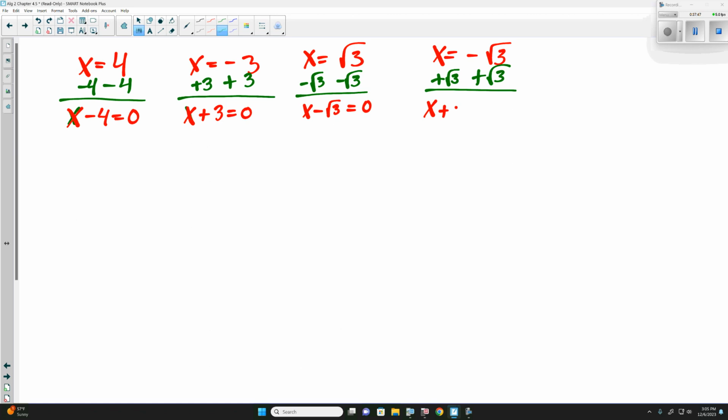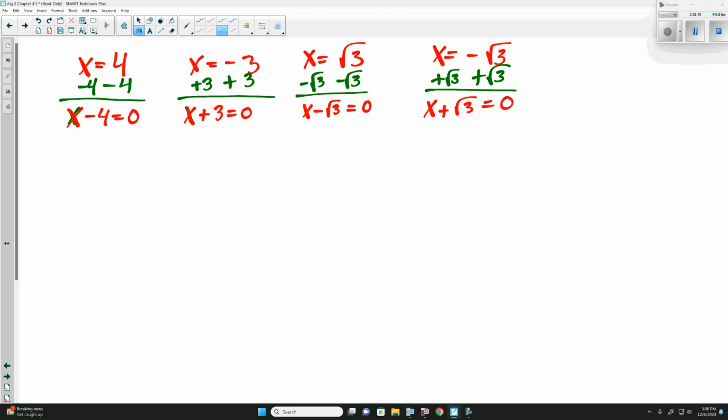Yes. Well, yes and no. According to the irrational zeros, or our irrational conjugates theorem, if we have the square root of 3 as a solution, its conjugate, so we just change the sign in front of the radical, is also one.